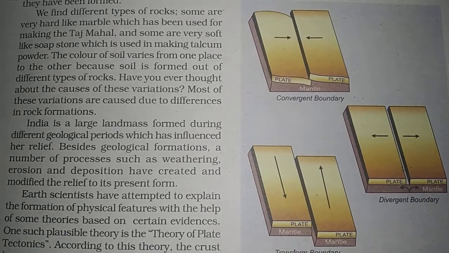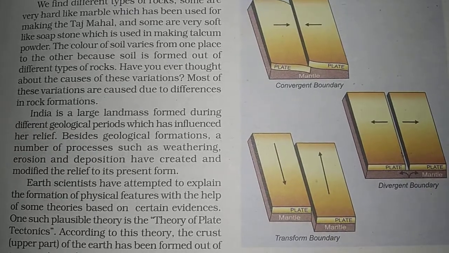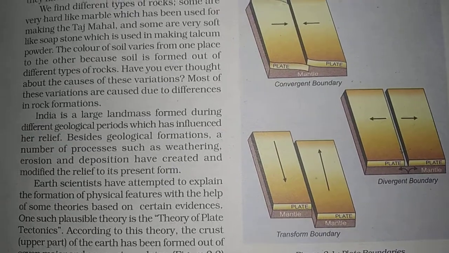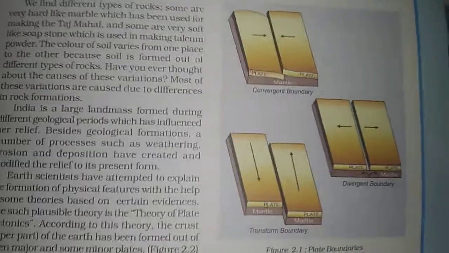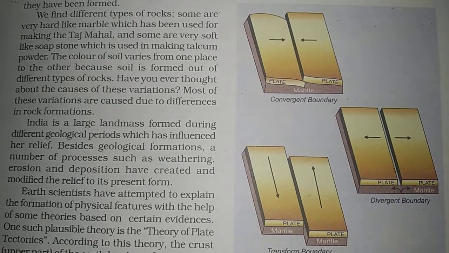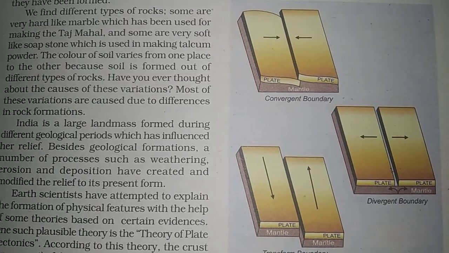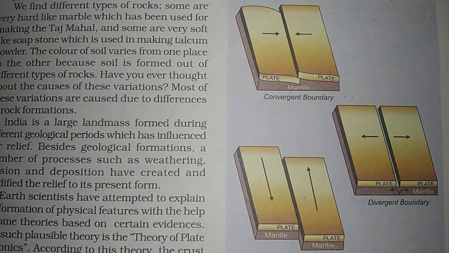There are some theories behind the formation of physical features. One such theory is the theory of plate tectonics. This theory explains that the upper part of the earth, called the crust, is divided into 7 major and some minor plates called tectonic plates.